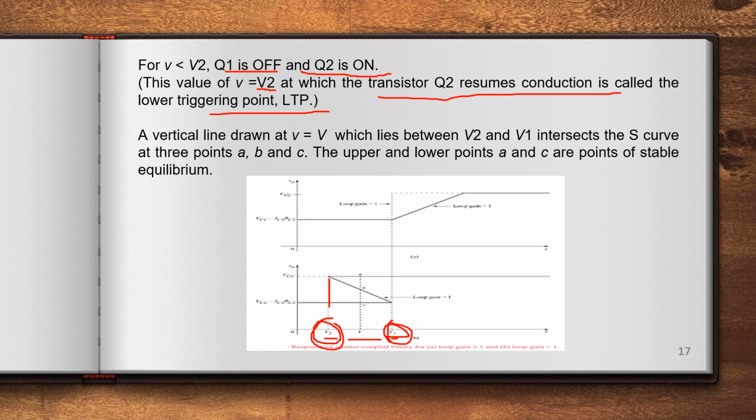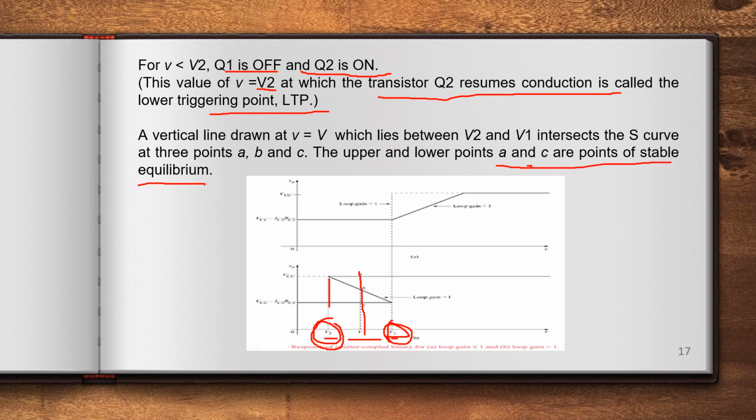So a vertical line at small v, equivalent to capital V, which lies between V2 and V1, intersects the S curve at 3 points: A, B, C. The upper and lower points, this is A, this is C. The middle point is B. The upper and lower points A and C are points of stable equilibrium.